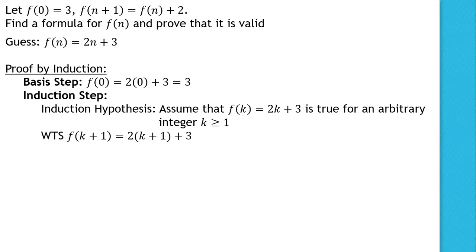So don't get that confused. That's not me saying when I plug k plus 1 into f, I will get 2 times k plus 1 plus 3, because that's what you do get when you plug k plus 1 into the formula. The question is, is 2 times k plus 1 plus 3 actually equal to what the recursive definition would also give for f of k plus 1?